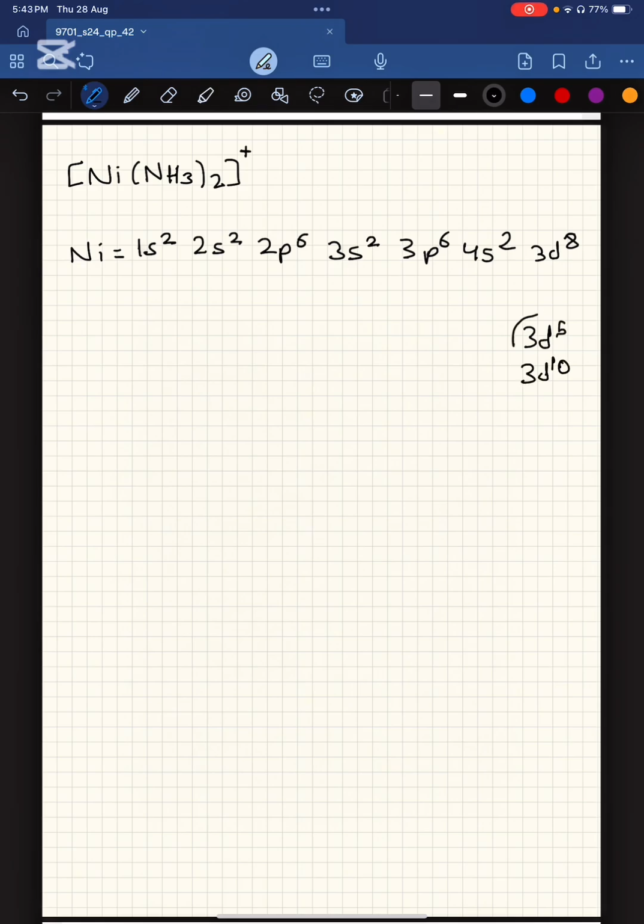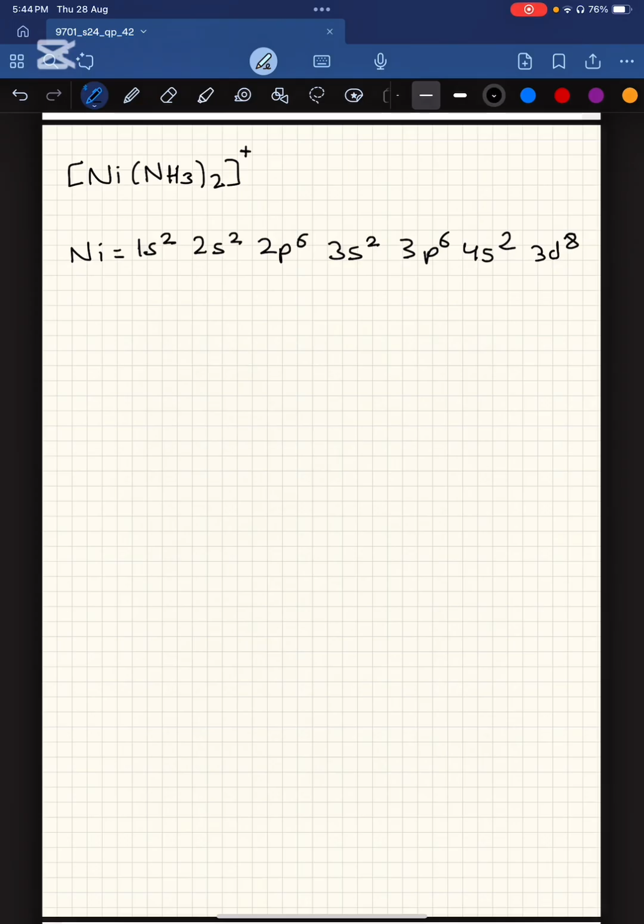If the d subshell, 3d, 4d, 5d, 6d, whatever, has 5 electrons, it is half filled, it is stable. If it has 10 electrons, it is fully filled, it is stable. If it is anything other than 5 and 10, which is 1, 2, 3, 4, 6, 7, 8, and 9, all of this would mean that the d subshell is incompletely filled, which means it is unstable.